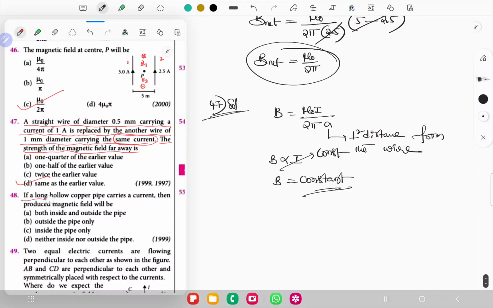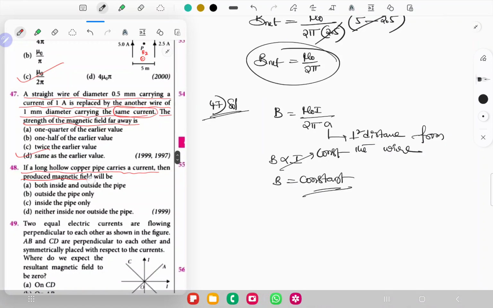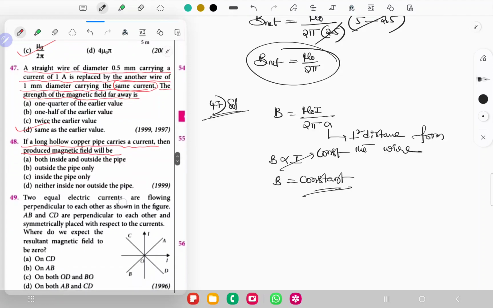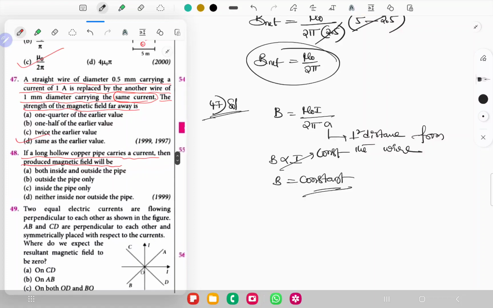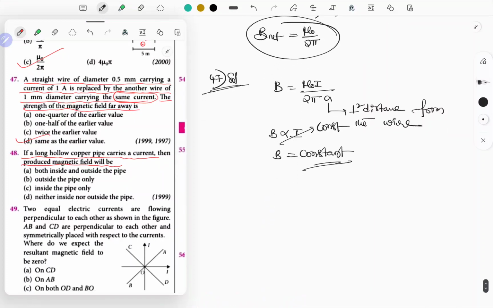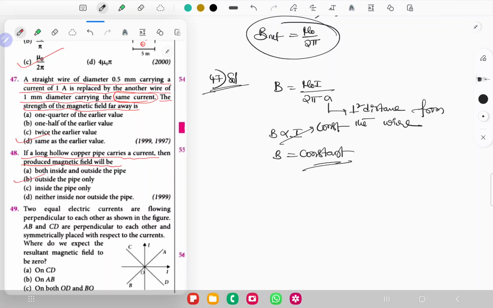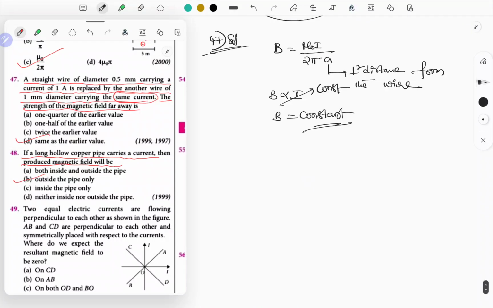Next. If a long hollow copper pipe carries a current, then the produced magnetic field will be. So for a hollow copper wire, the magnetic field inside is going to be 0 and it is present only outside. Question number 48, option B is the correct answer. Outside of the pipe only.